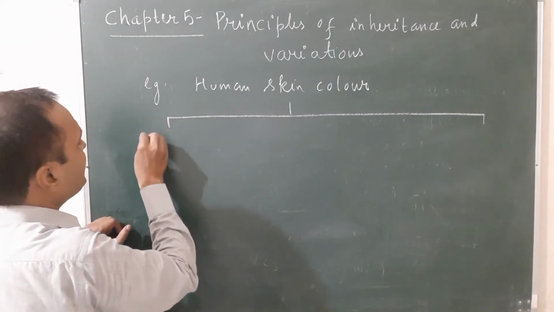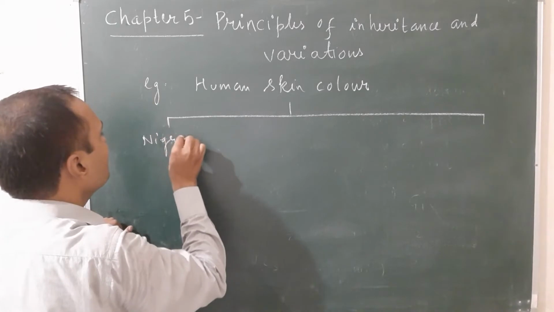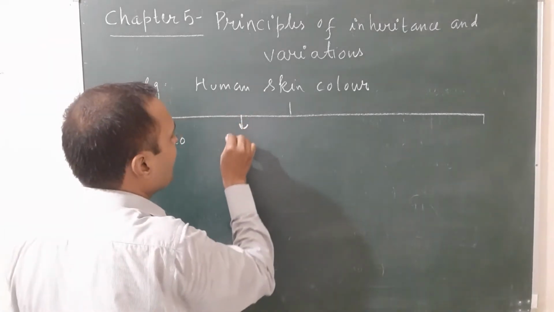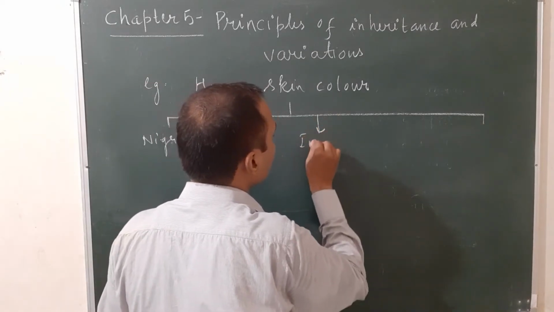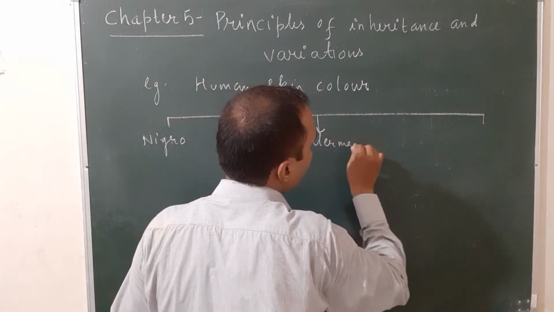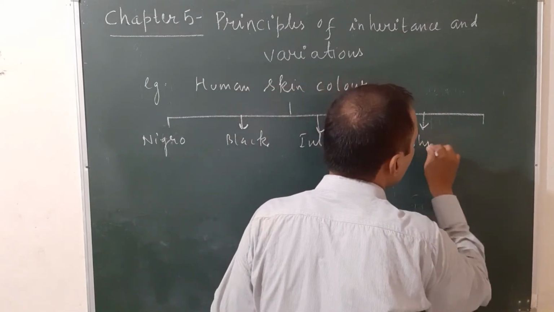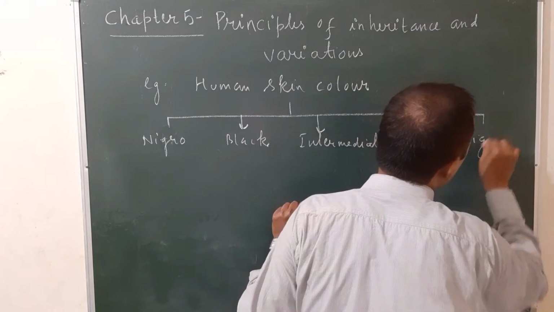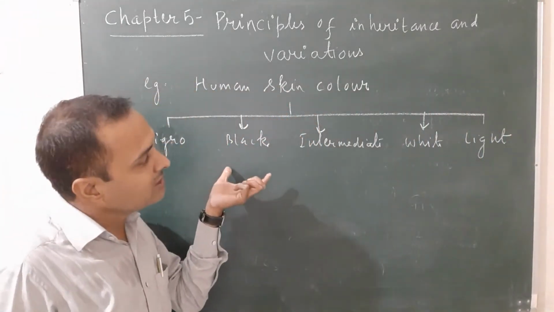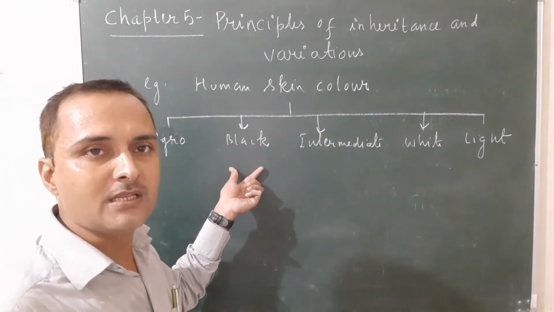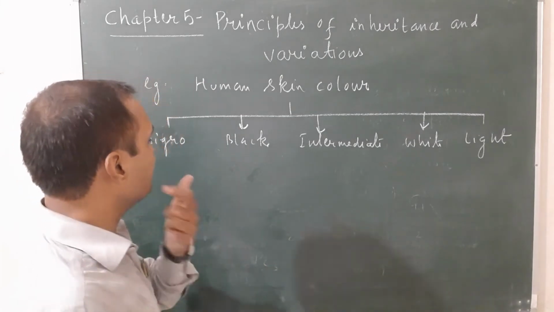The first one is negro, second one is black, third one is intermediate, fourth one is white, and last one is light. This human skin color is controlled by many genes, but the trait is the same, the skin color. So this is an example of polygenic inheritance.